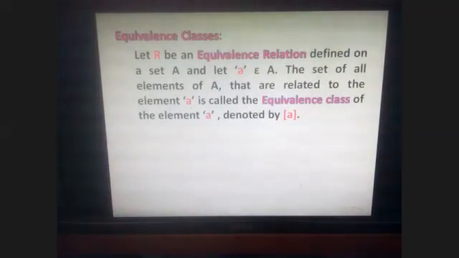Pick up now some term which we call equivalence class. Equivalence class is always associated with an equivalence relation.